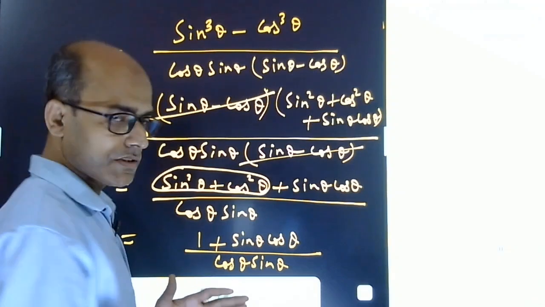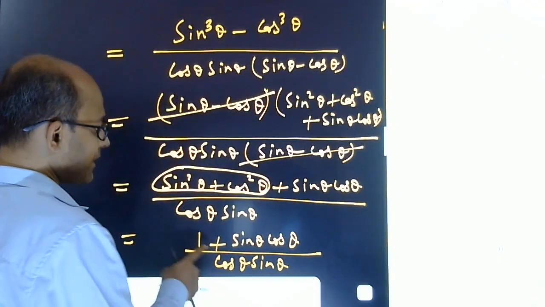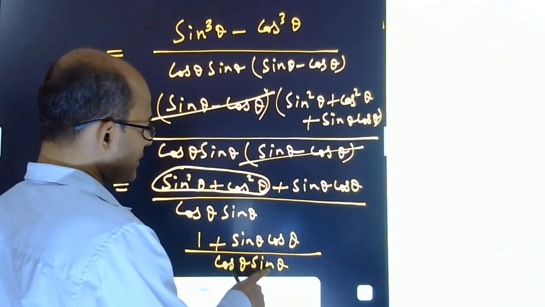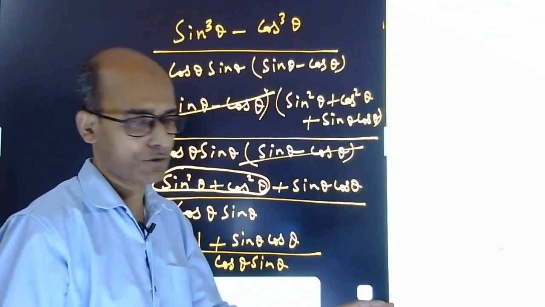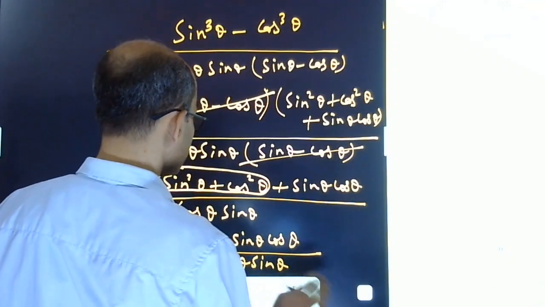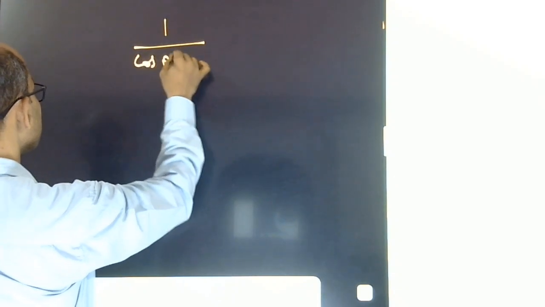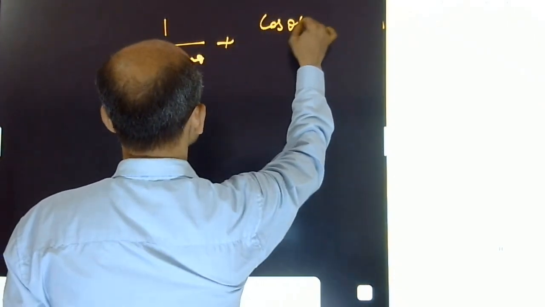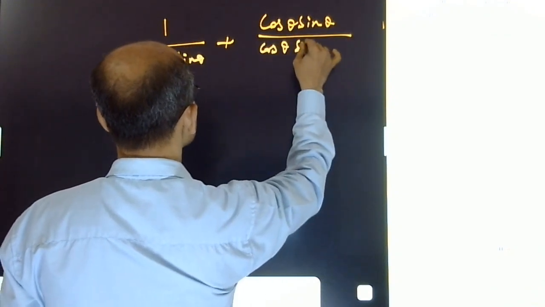We are about to complete this in the next 1 or 2 lines. We can write 1 upon cos theta sin theta plus sin theta cos theta divided by cos theta sin theta, which will get cancelled to each other. We are required to write down 1 upon cos theta sin theta plus cos theta sin theta divided by cos theta sin theta.